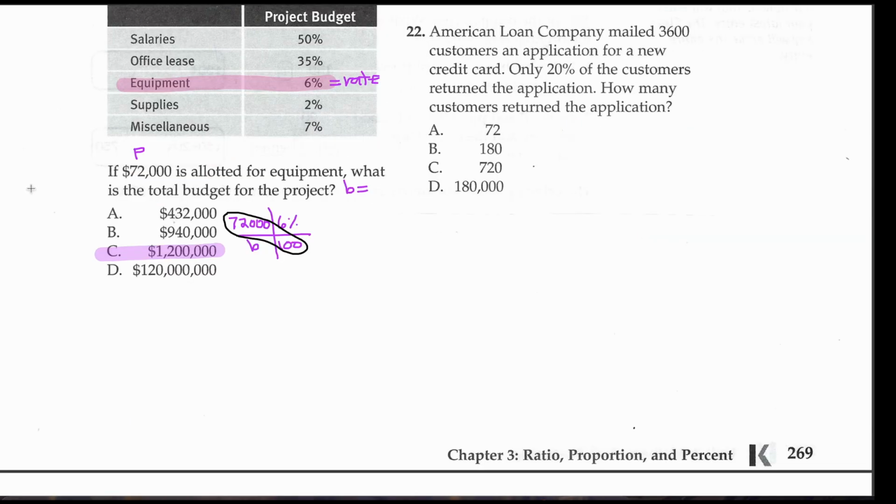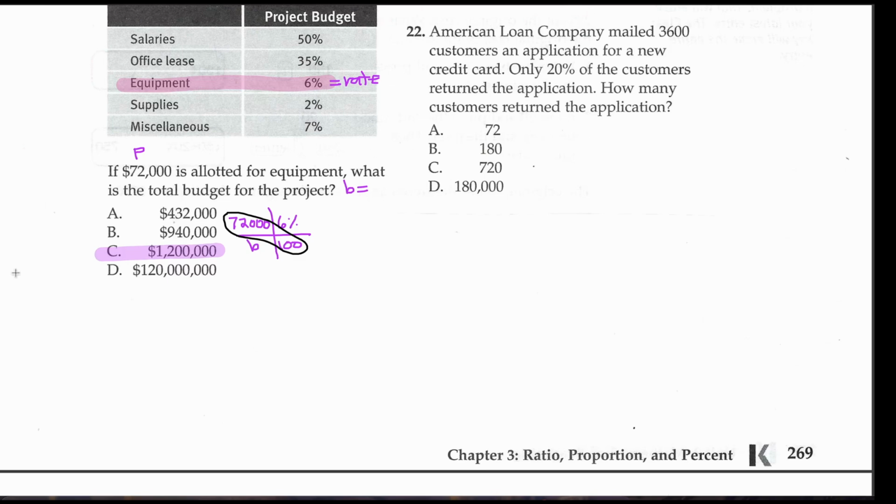Number 22. American Loan Company mailed 3,600 customers an application for a new credit card. Only 20% of the customers returned the application. How many customers returned the application?